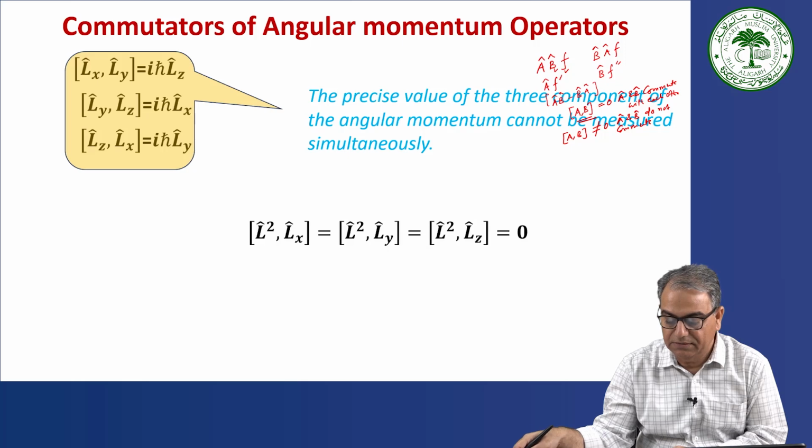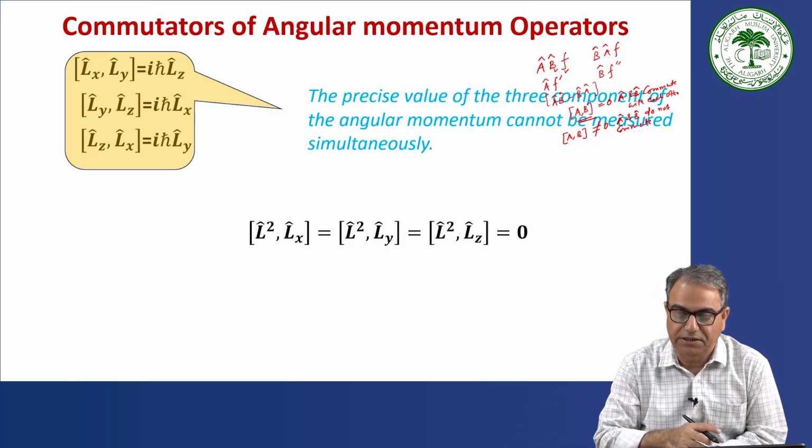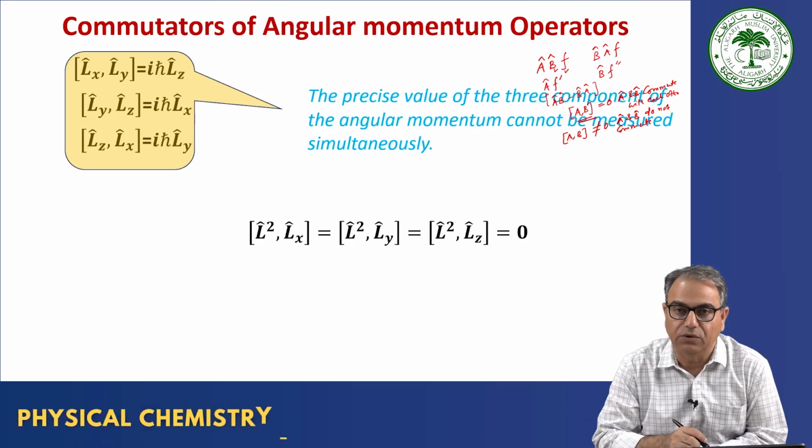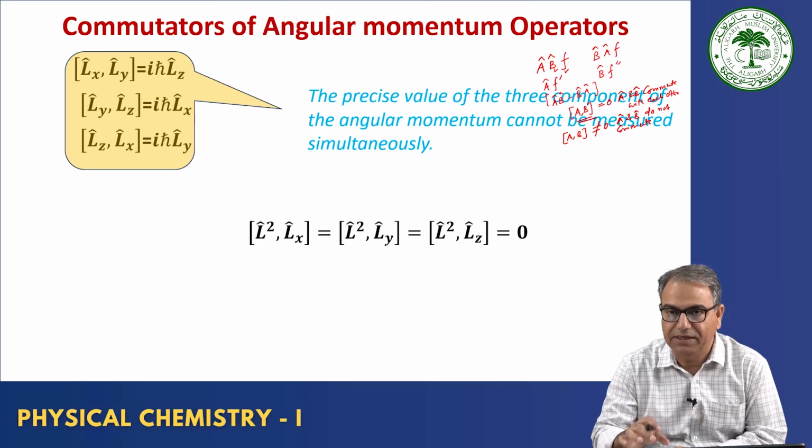If you look at the other commutator relationships, [L square, Lx], [L square, Ly], and [L square, Lz], you find that all of them are equal to 0. I will give you one example also. We will try to find out this relationship, but the final relationship is this one. What you see is that the square of the total orbital angular momentum and one of its components commute with each other.